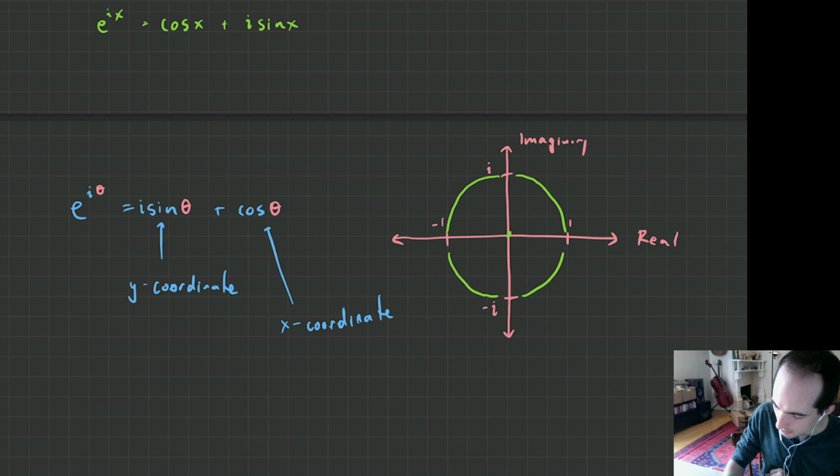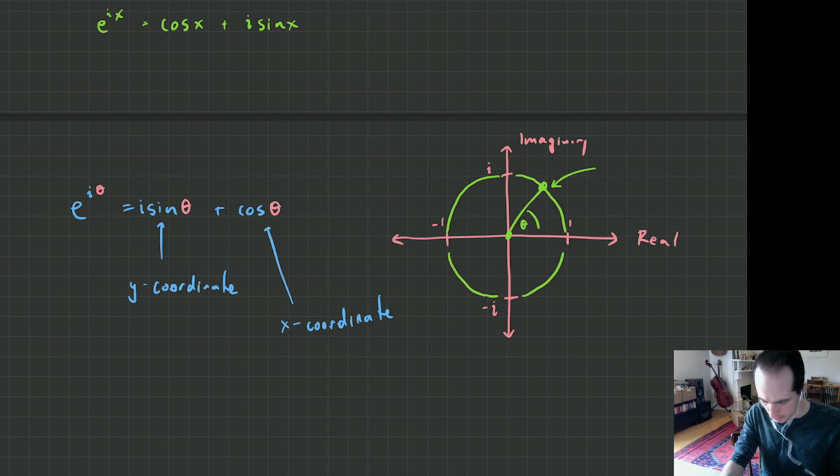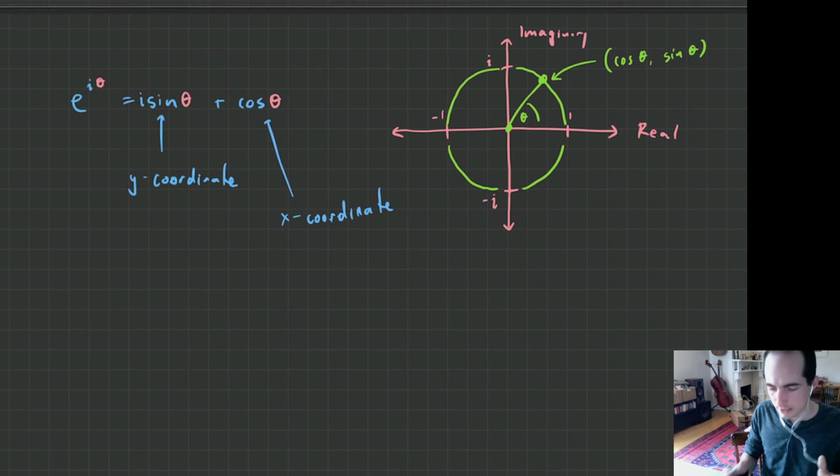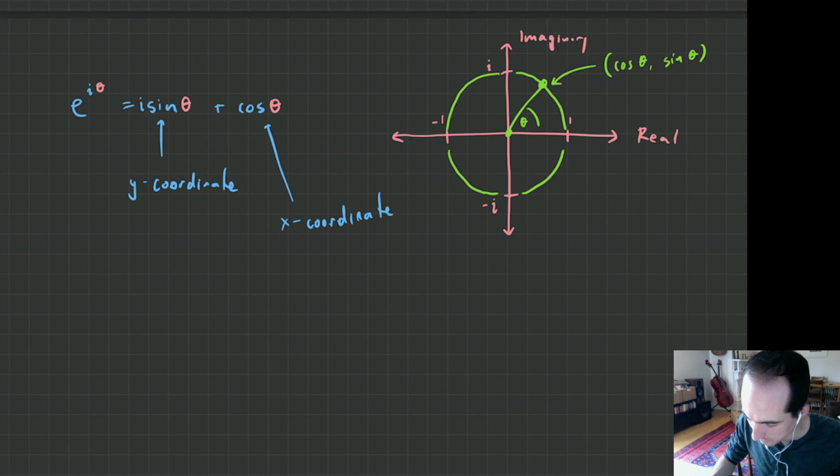So if I say here's an angle of theta, this point right here, according to our formula, has x coordinate cos of theta and y coordinate sine of theta. So yeah, you could say it's i sine theta, and that's fine too.